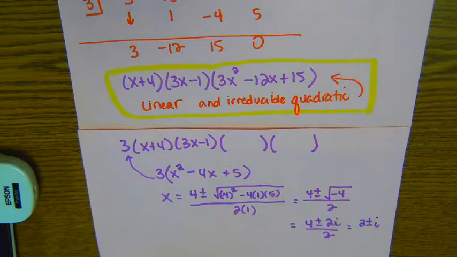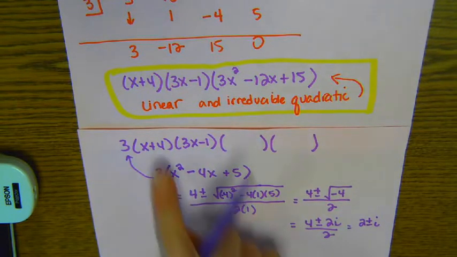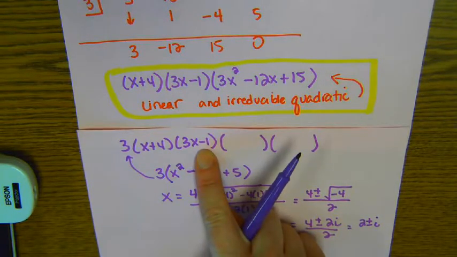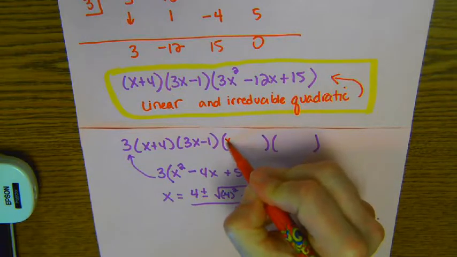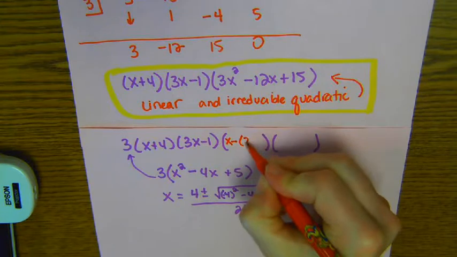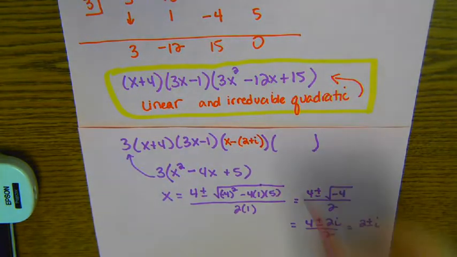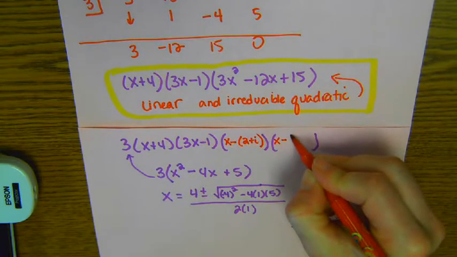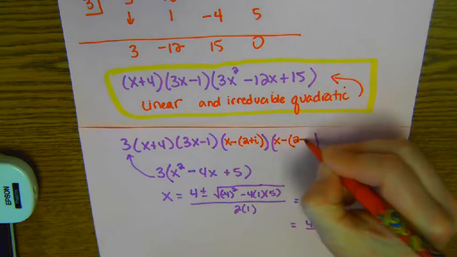How do I write them as factors? It might look a little weird at first too, but you write them the same way as you write real factors. We would say x minus the 0, right? We're going to write x minus, and in parentheses, I'm going to write 2 plus i, that would be one of them, and x minus parentheses, what would the second one be? 2 minus i.